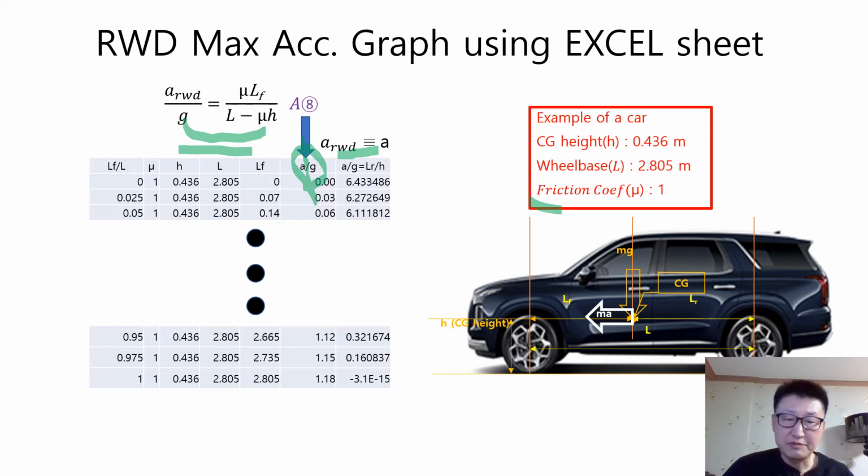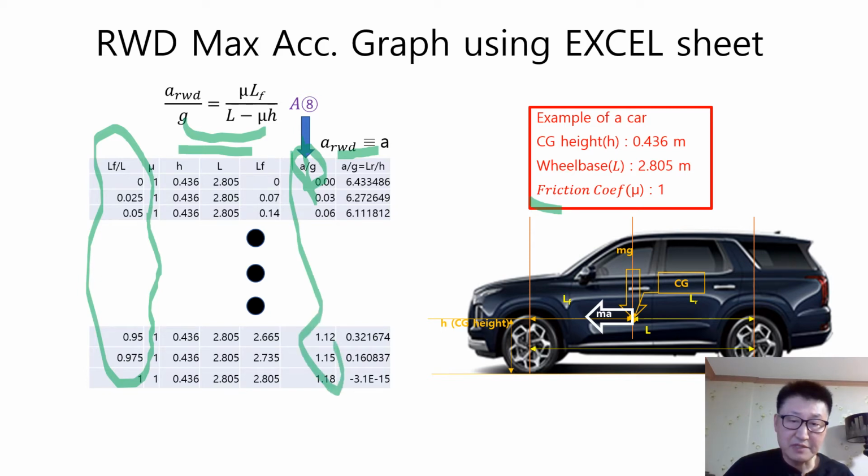The ratio of A to g. Then we are all set to draw the vehicle characteristic graph for maximum acceleration using these two columns. Here, L_f divided by L and acceleration A divided by gravitational acceleration g. We will save this column for later use.